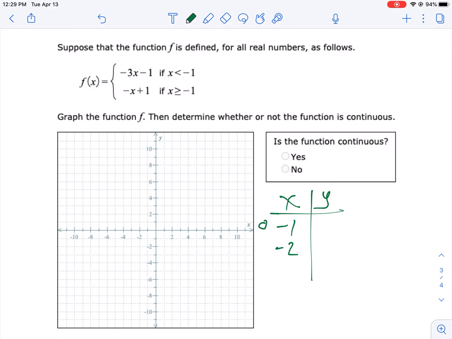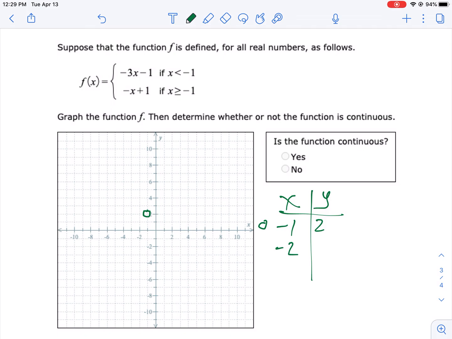So now let's do -1. -3 times -1 is +3, minus 1 is 2. So I'm at -1. I don't know why I put a negative there. It's +2. So at -1, I'm going to be up at 2, and I'm going to have an open circle there.